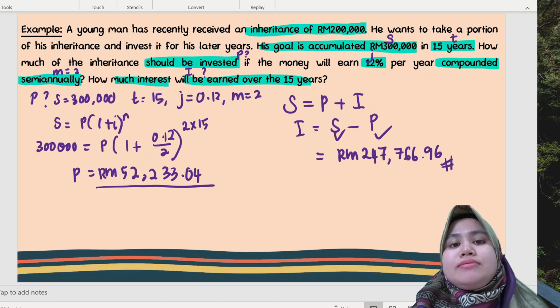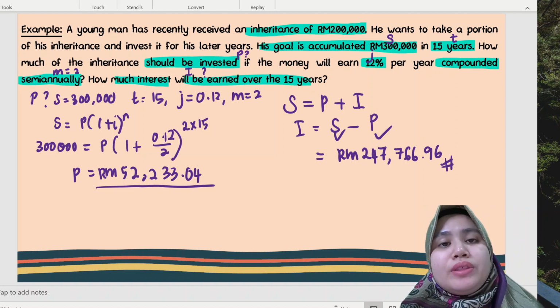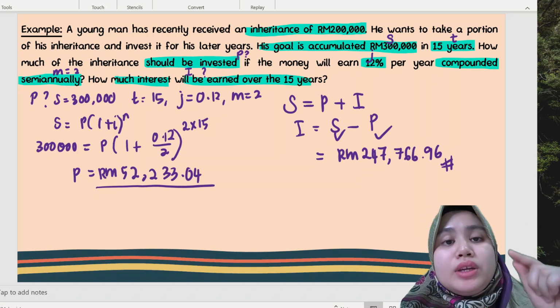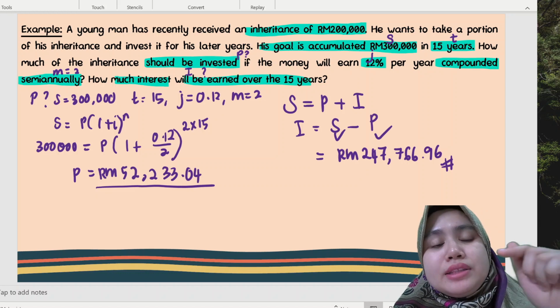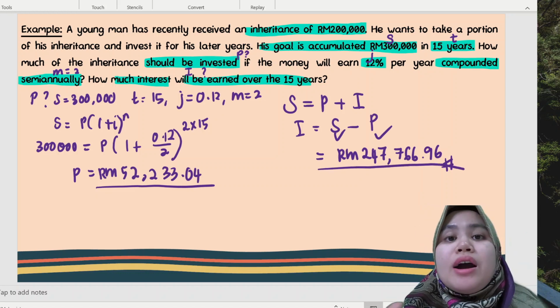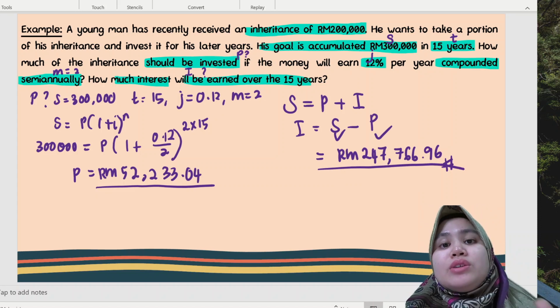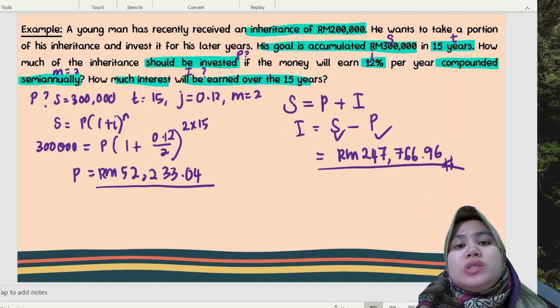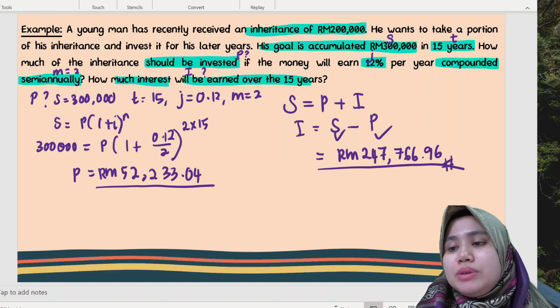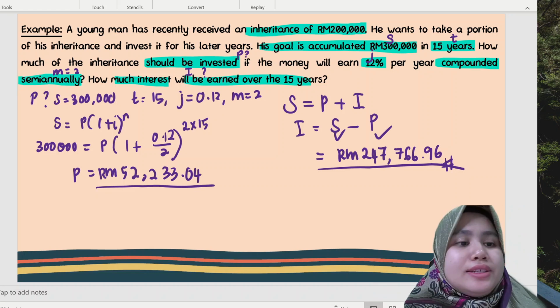Wow, guys, with 50k plus 52k, the interest that young man will get is actually 247,000. You see, that's very nice of him, very good, because he made saving at a young age.